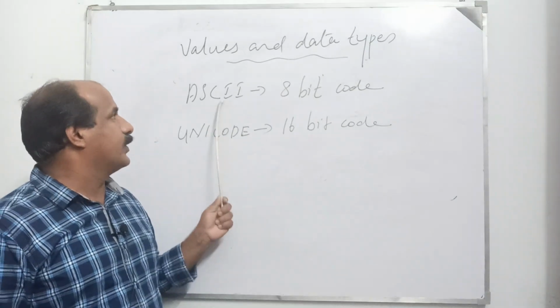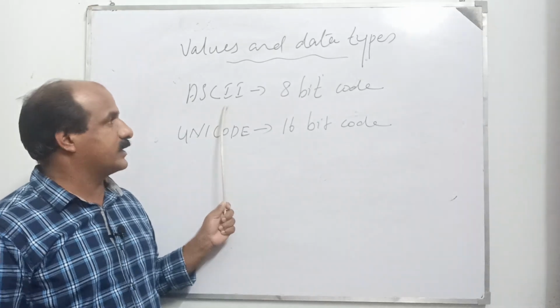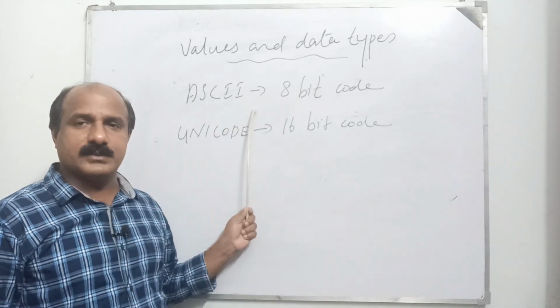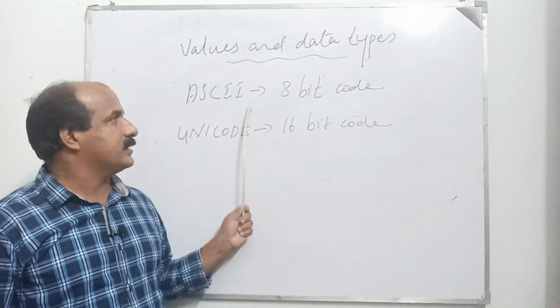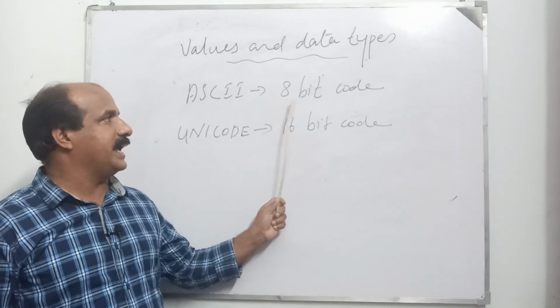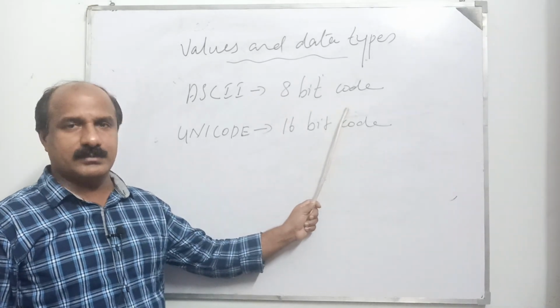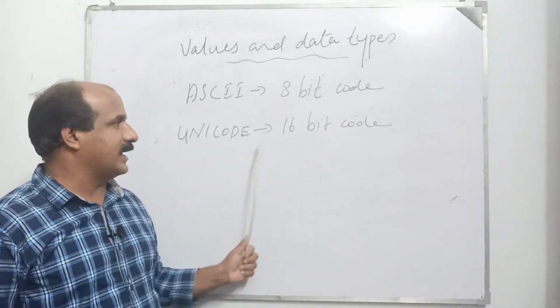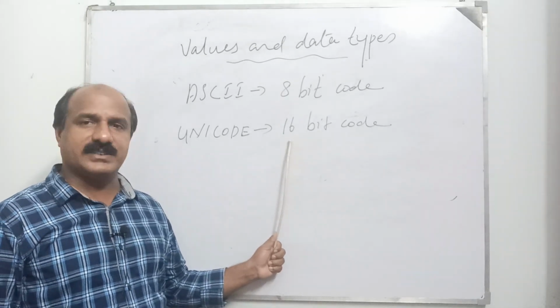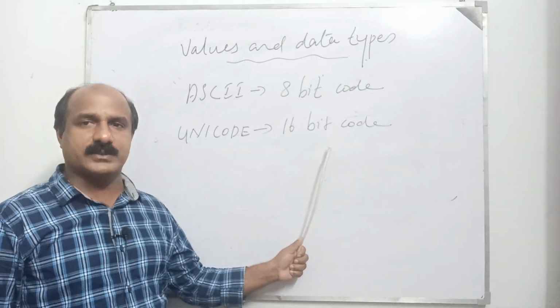Now most of the languages use Unicode. There are two character encoding systems. One is ASCII, the most popular character encoding system. It's an 8-bit coding system. And Unicode, the latest one, has a 16-bit coding system.